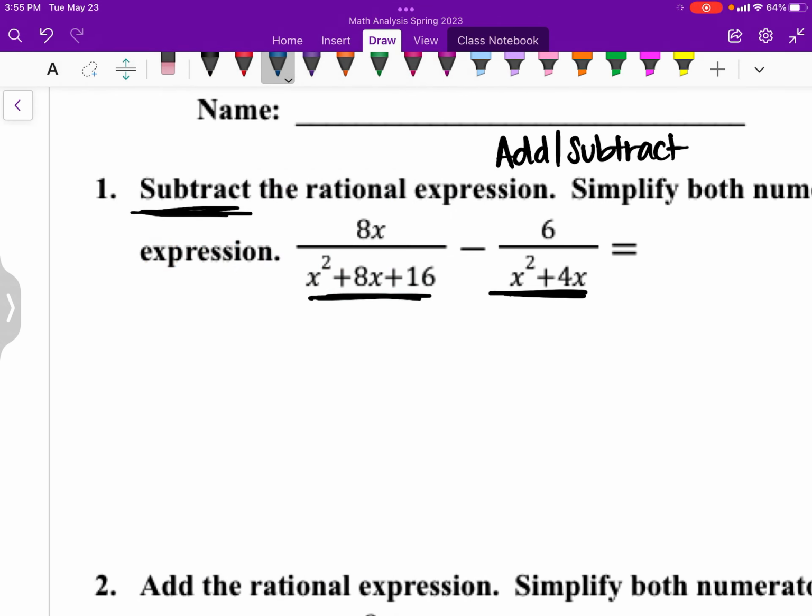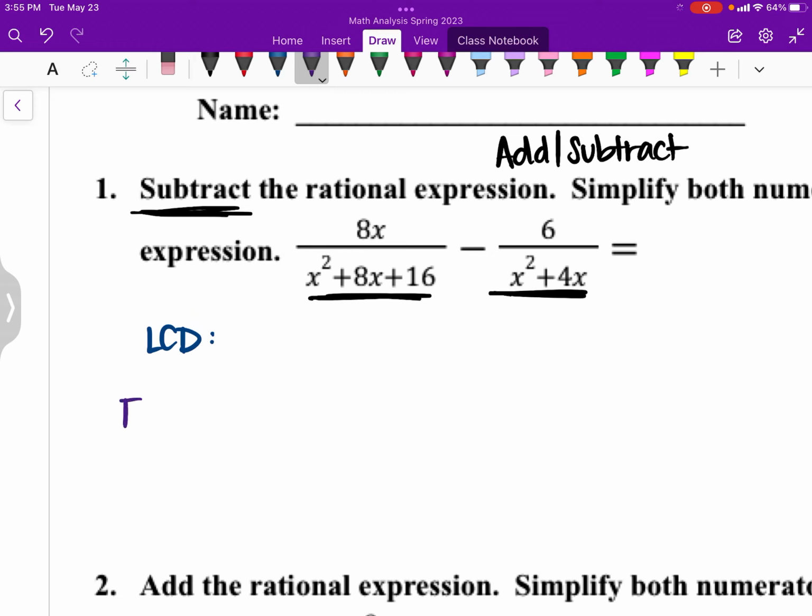LCD stands for the least common denominator, which basically means factoring each of the denominators and determining what's missing or what both of them could have. So let's go ahead and factor the first one here.